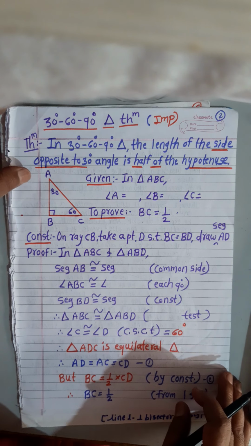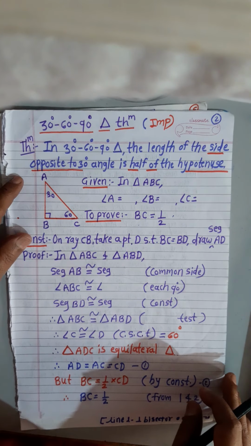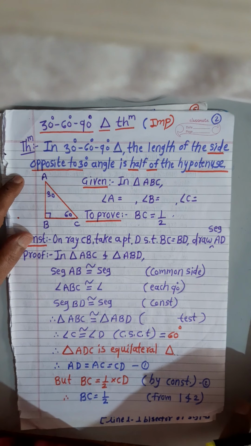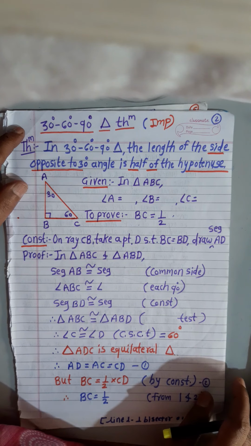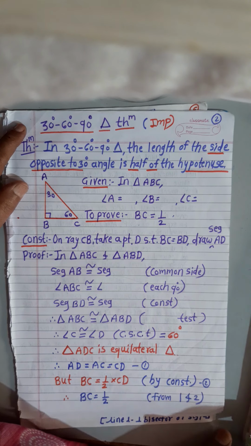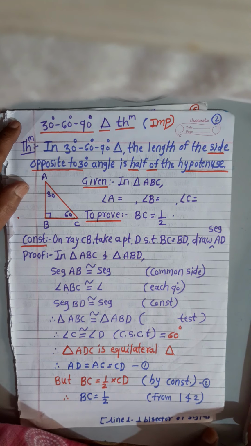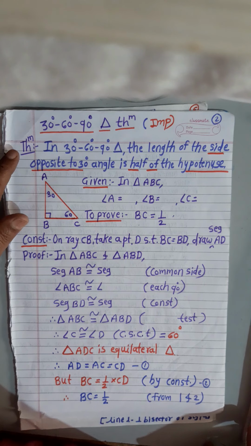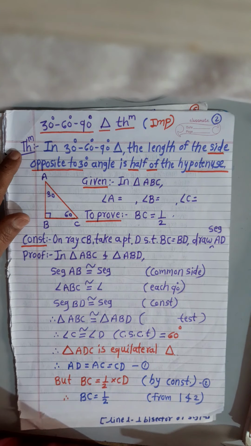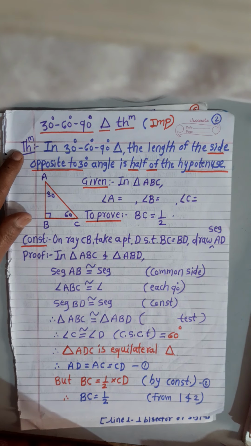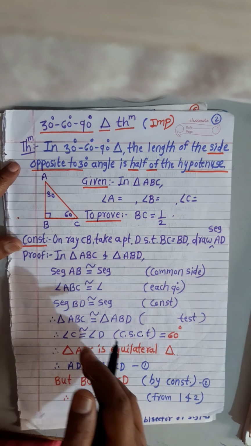Now we will consider the next theorem, the 30-60-90 triangle theorem. This theorem is also very important. Shortly we call it the 30-60-90 triangle theorem. We use it in solving problems, and in the exam this theorem can also be asked to prove. What is the statement of this theorem?